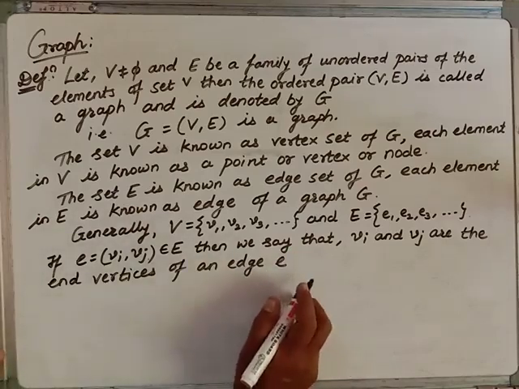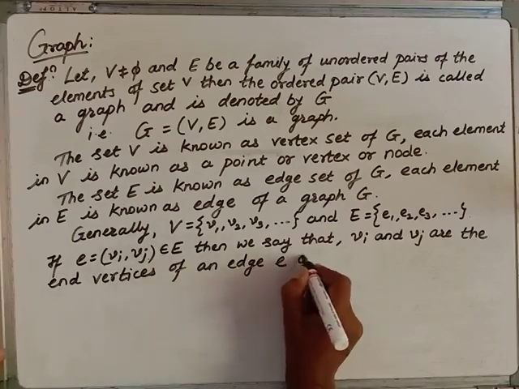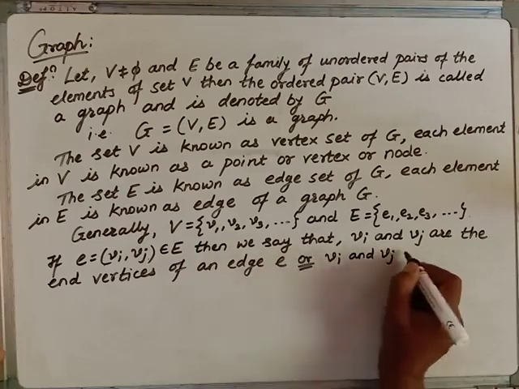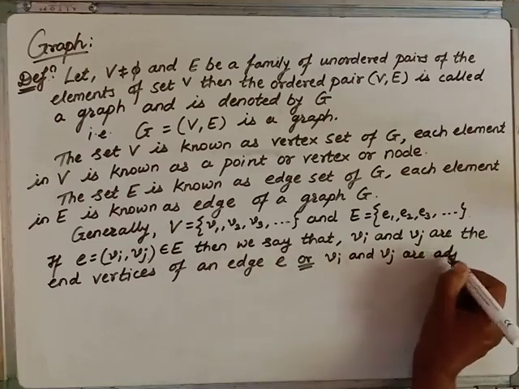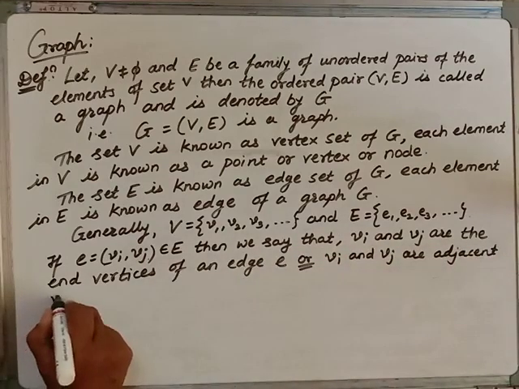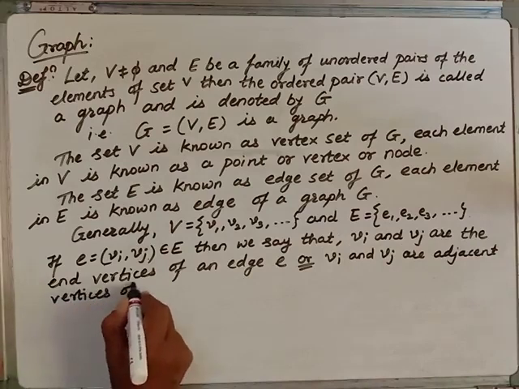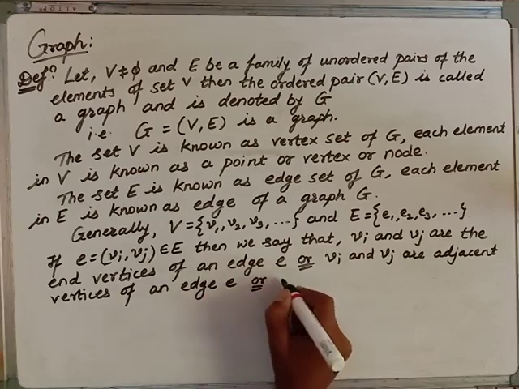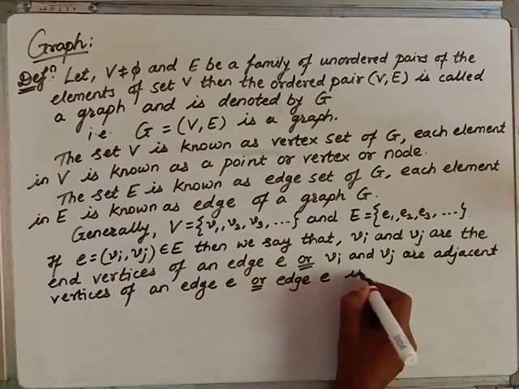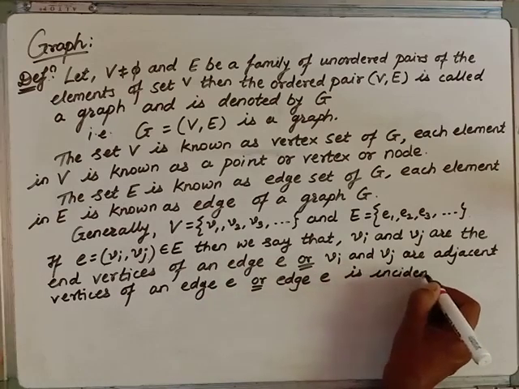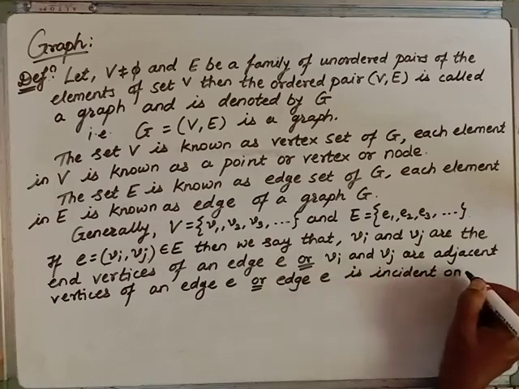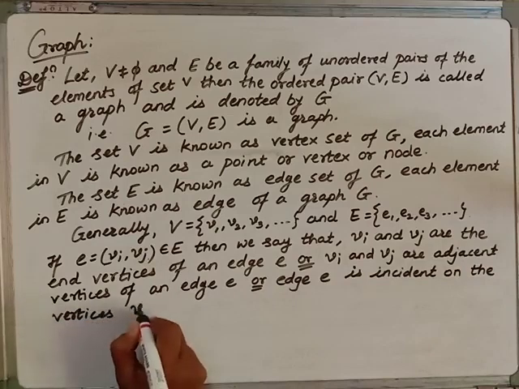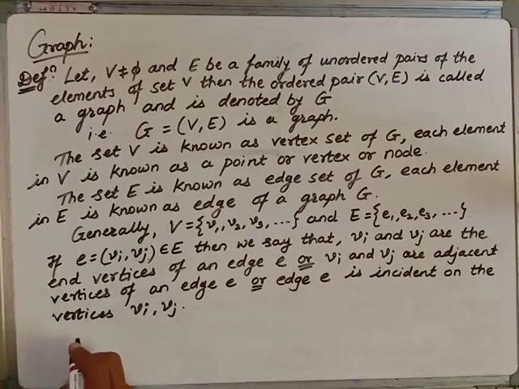This can be said as the vertices of edge E, or in another way, Vi and Vj are adjacent vertices of an edge E, or edge E is incident on the vertices Vi, Vj.